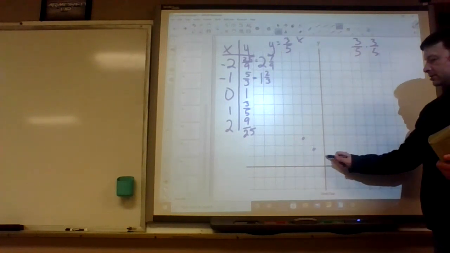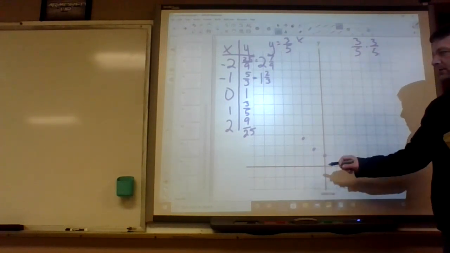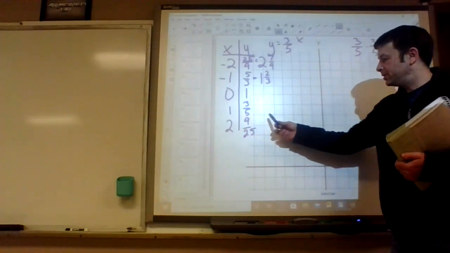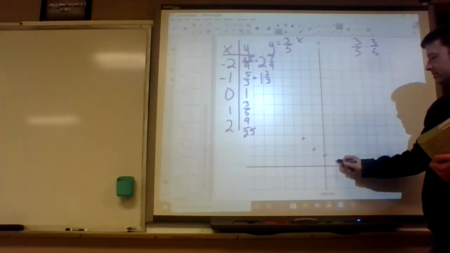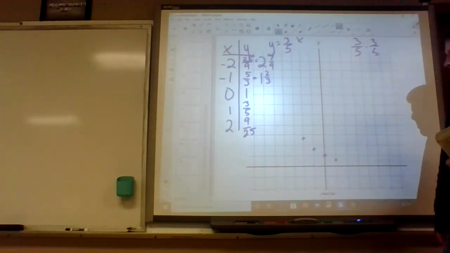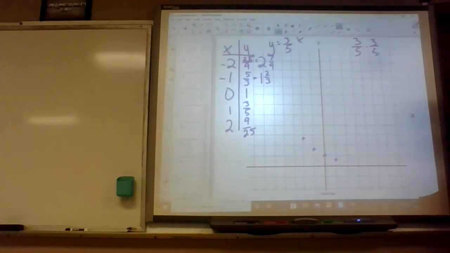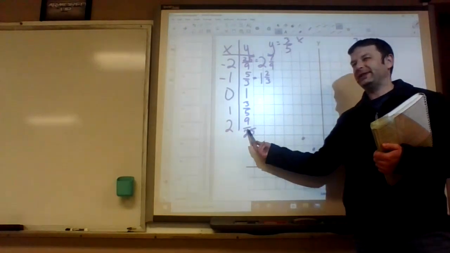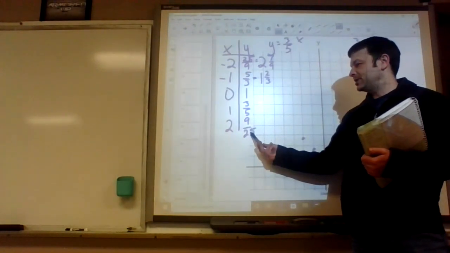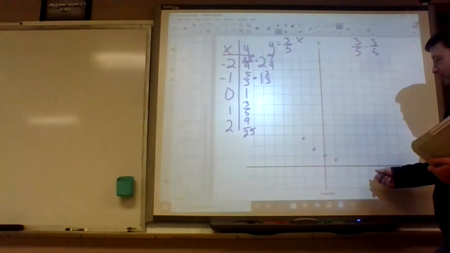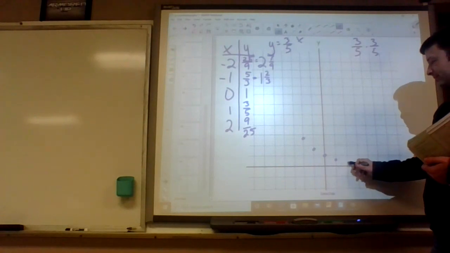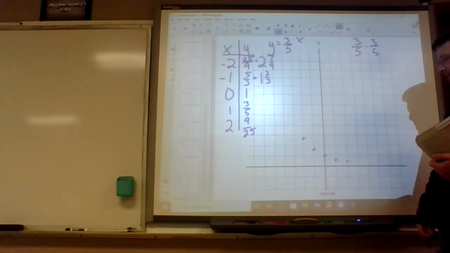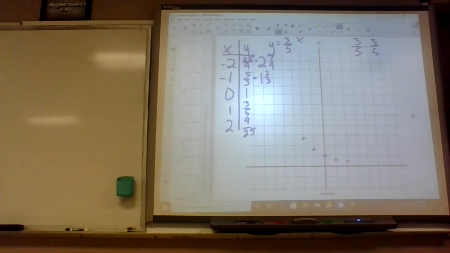Zero, 1 is about right there. 1, 1 3/5. 3/5 is about 60% up. And then 2 and 9/25. 9/27 would be a third, so it's a little bit more than a third. Kind of tough to be perfect, but I pull it off somehow.